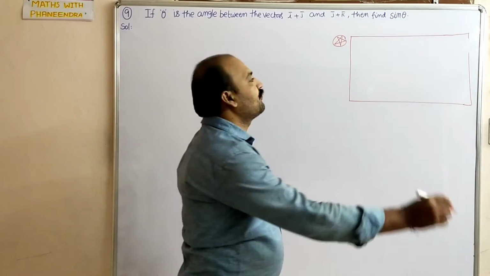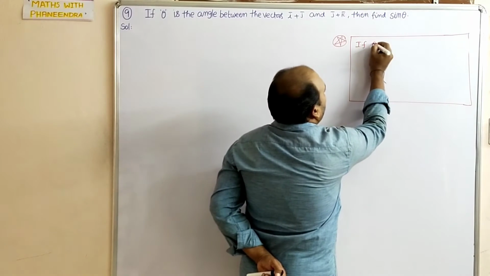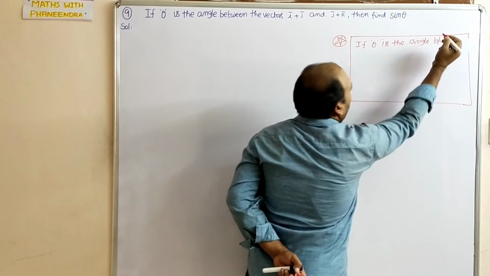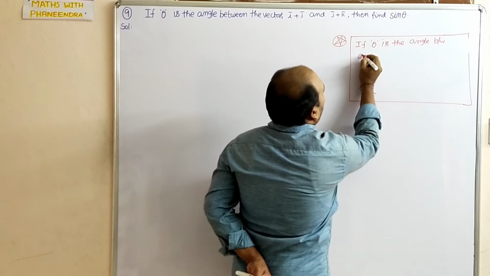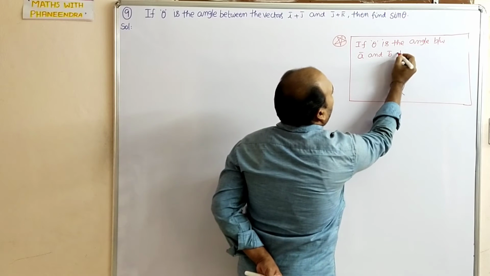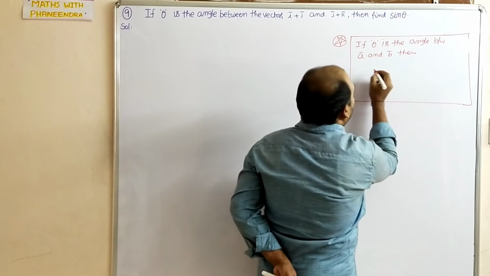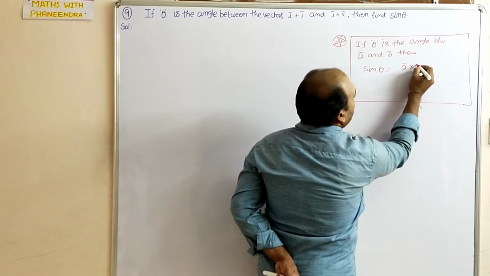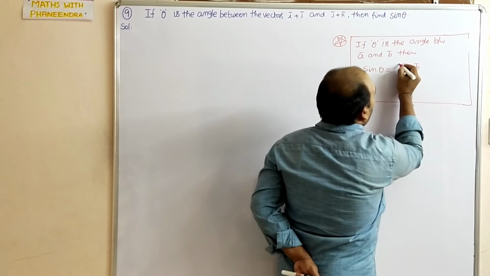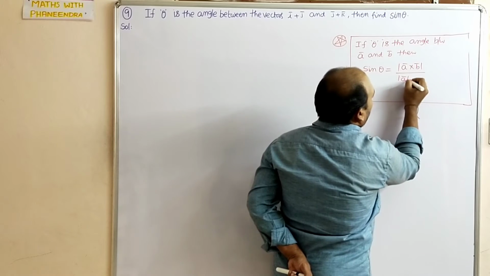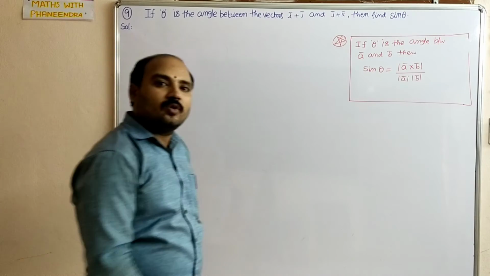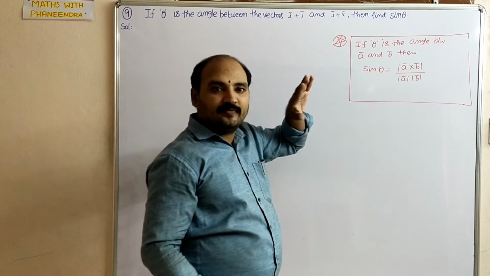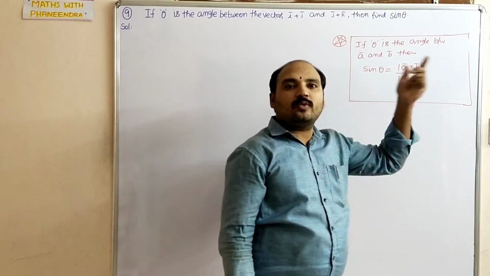So here, if theta is the angle between A bar and B bar, then sin theta can be defined as sin theta equal to modulus of A bar cross B bar divided by mod A bar into mod B bar. So to get the sin theta value, we need to calculate the cross product of the given two vectors and whose magnitudes also we can calculate.